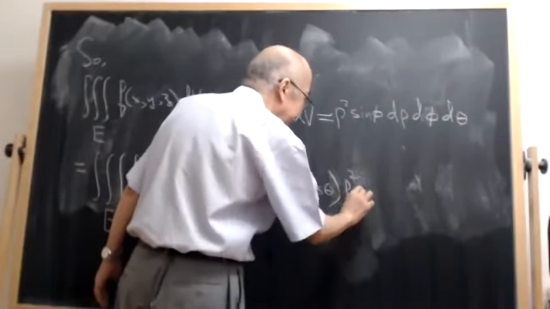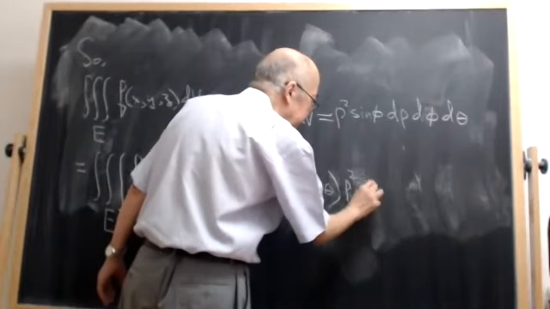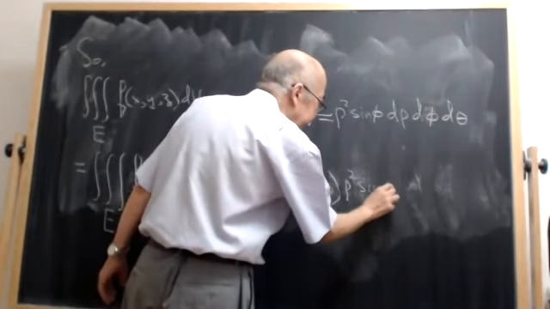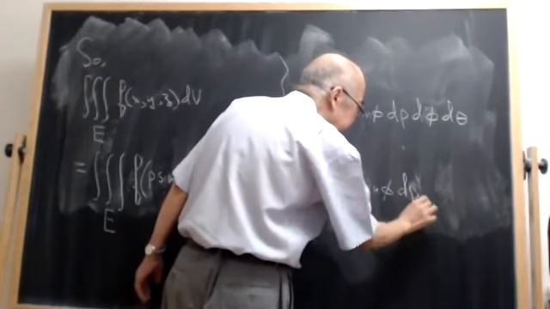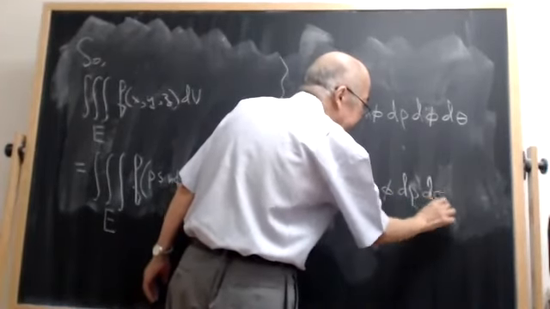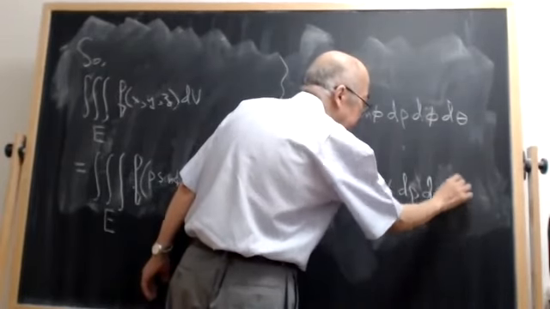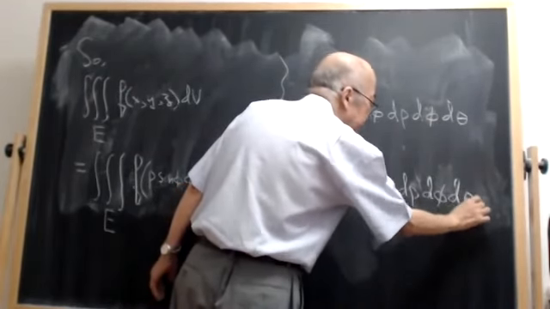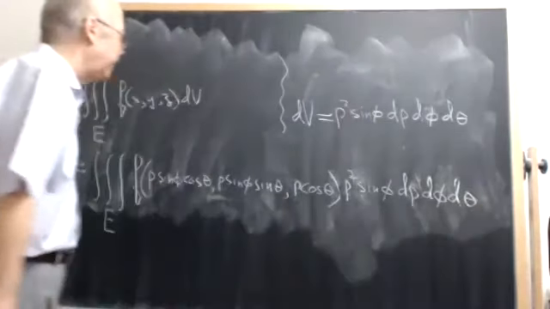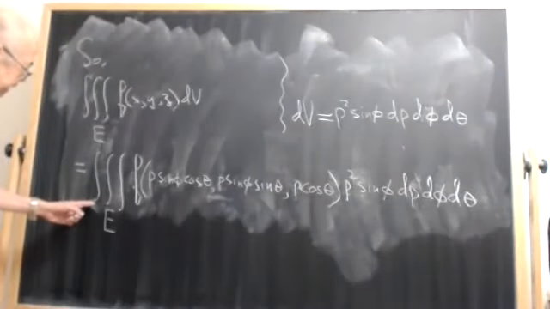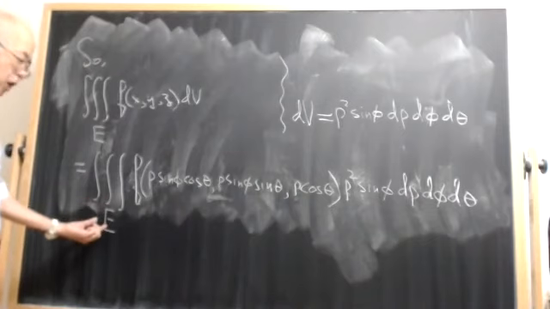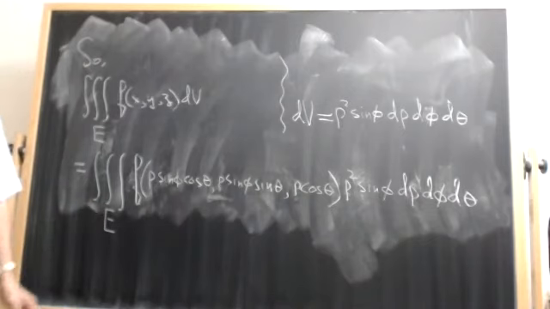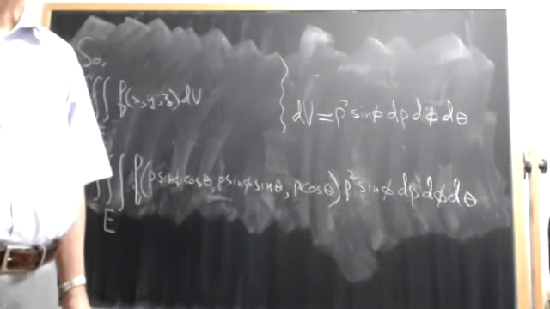It's rho squared sine phi d rho d phi d theta. And as I said, the endpoints here have to be determined by the geometry of the region E.